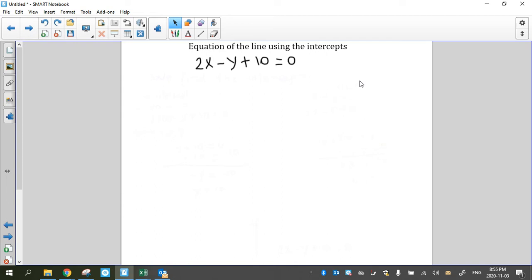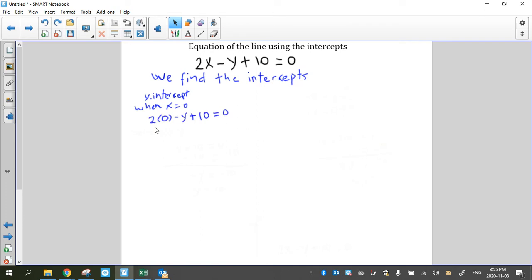The process is the same. We are going to find the intercepts, both the y and the x-intercept. So let's begin with the y-intercept. And to find the y-intercept, we know that that happens when x is 0. So then I'm going to substitute 0 for x in this equation.